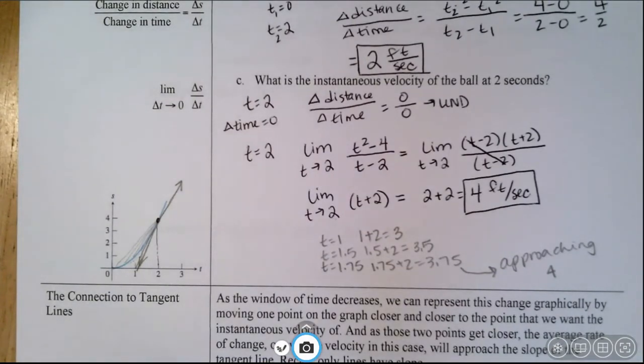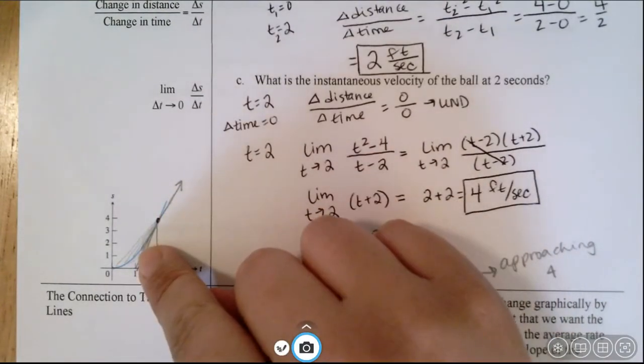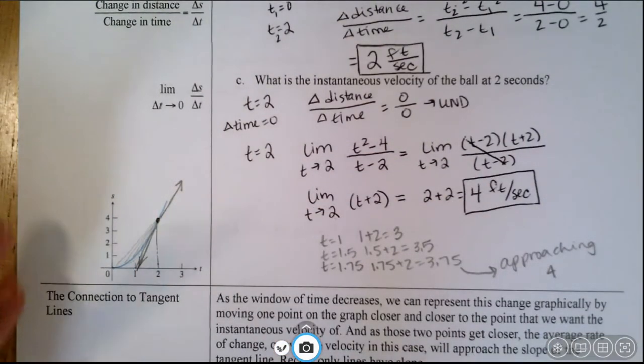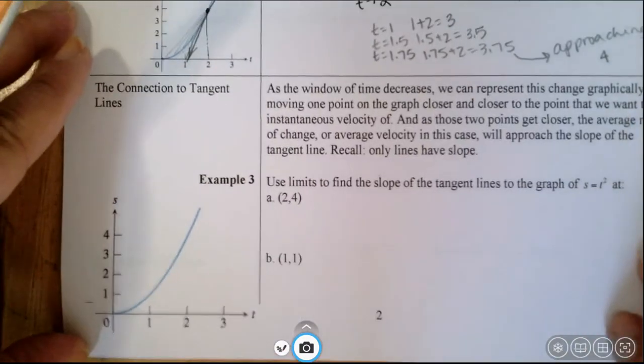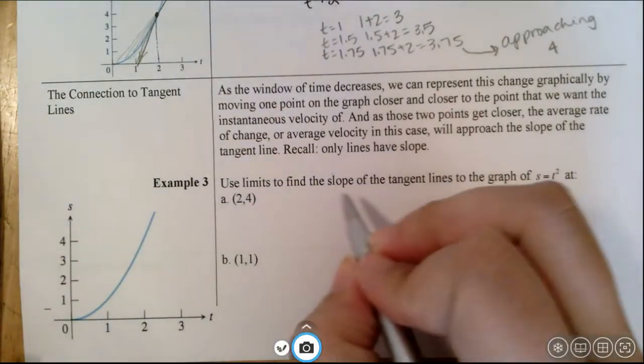Okay, so we can use this in order to find the instantaneous velocity, but notice this is also the same process that we would use to find the slope of this tangent line. So if we're looking at example 3, we want to use the limits, as we were just discussing, in order to find the slope of the tangent line.